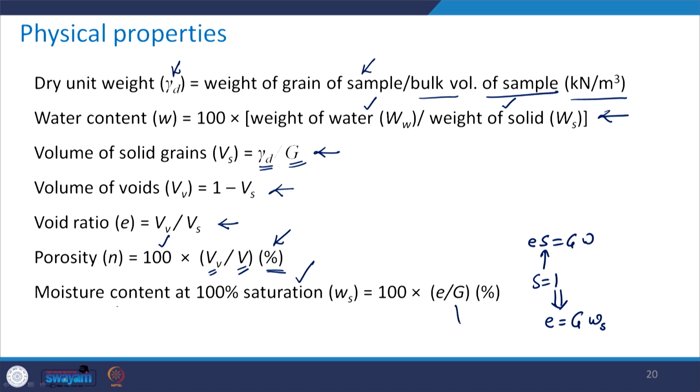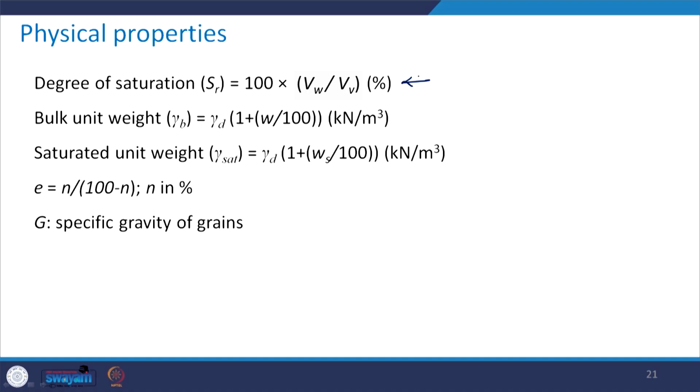That is how you get this expression, e, which is the void ratio, divided by the specific gravity, e by G, and since it is represented in percentage, I multiply this by 100. Coming to the next definition, which is the degree of saturation, again represented in percentage, it is volume of water divided by volume of voids.